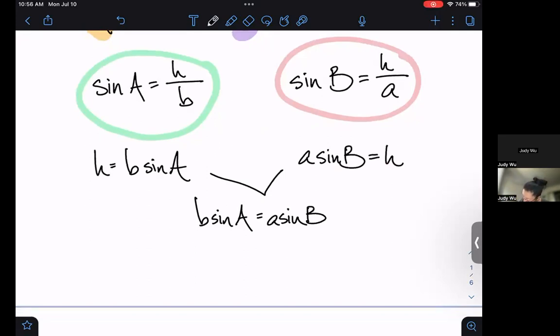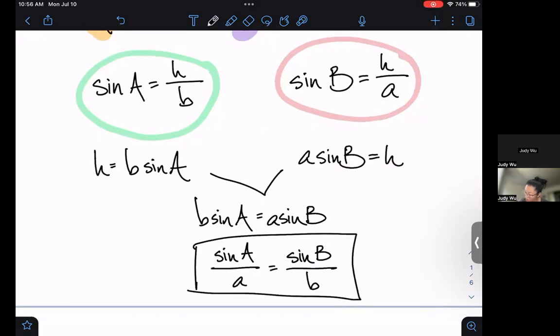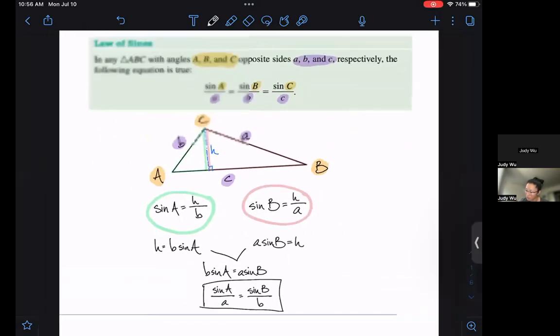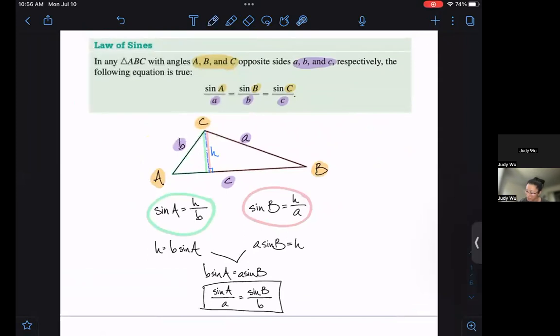And when I do that, I get sine A over A equals sine B over B. Okay. And so here we'll see sine A over A, sine B over B. And if we go back to our law of sines, we have exactly 2 of the 3 pieces of the law of sines, okay?